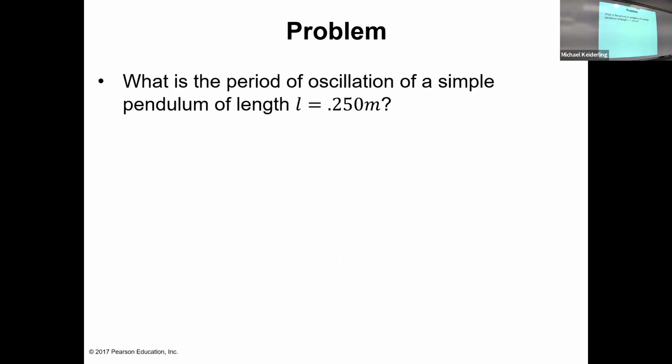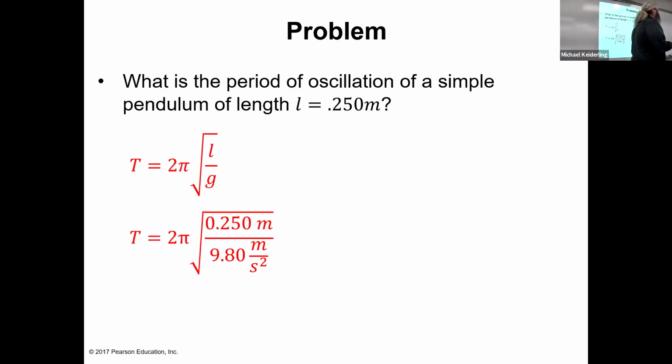So what's the period of oscillation for a simple pendulum of length 0.25 meters? Well, the period is 2 pi times the square root of length over g. So 2 pi times the square root of 0.25 meters over 9.8 meters per second squared. That comes out to 1.0035 seconds.